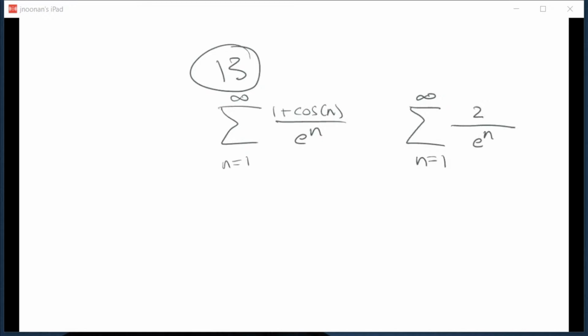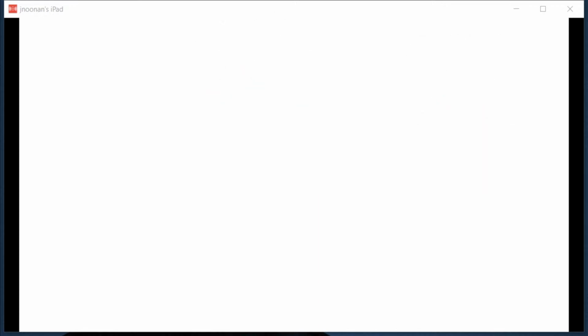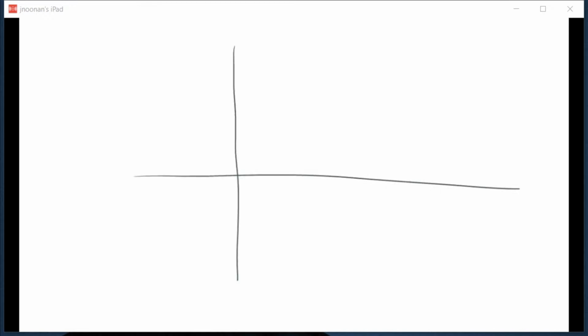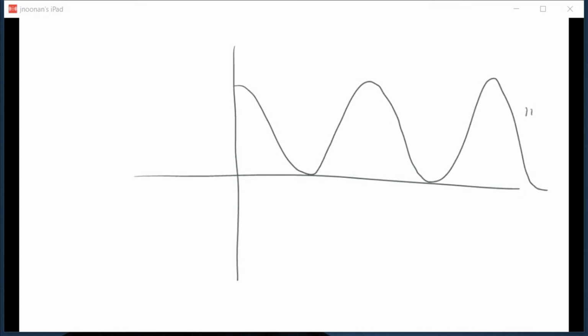Now, first you might say, where'd you get that? Well, here's where I got it. I know that 1 plus cosine of n, I'll just draw this. Here is 1 plus cosine of x, and then this is 2.